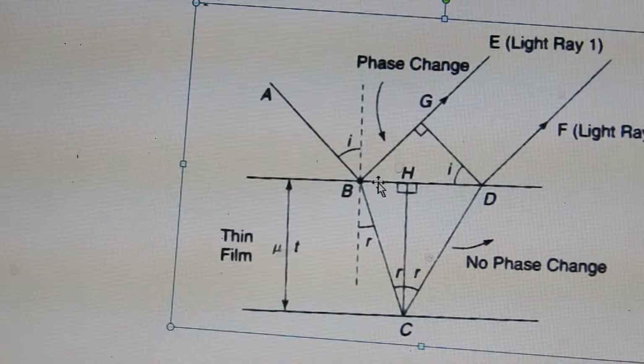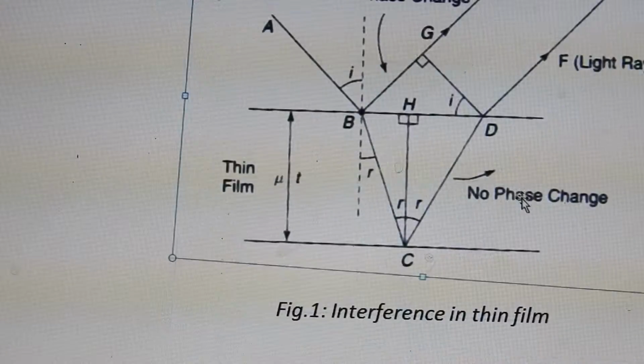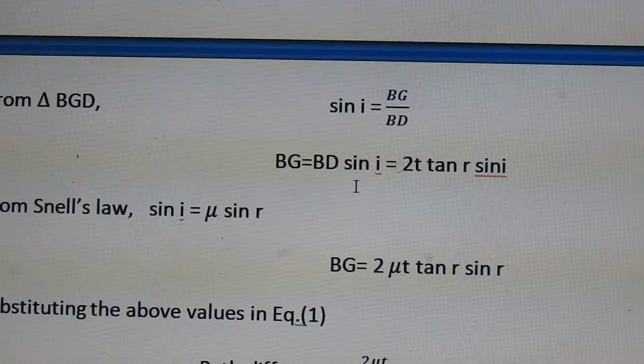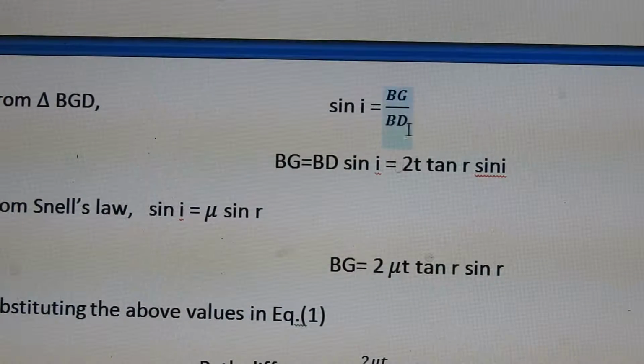Here sin I means opposite side BG over hypotenuse BD, that I am writing here, BG by BD. BG we want to find. So BG is equal to BD sin I, by cross multiplication.